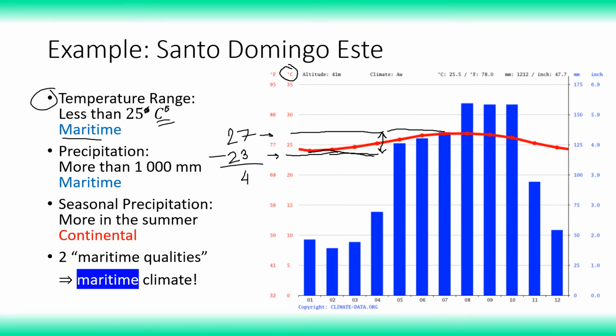Now, precipitation. If you add up all these blue bars, and you don't have to do it precisely, the blue scale is over on the other side here, and we want the millimeters one. So we look at this one. Basically you add up the heights of all these blue bars. It doesn't need to be perfect. You can see that this says 50, so you could just assume this is 50, this is 50, this is 50, this is, I don't know, 40, and you could say this is about 70 because that says 75.